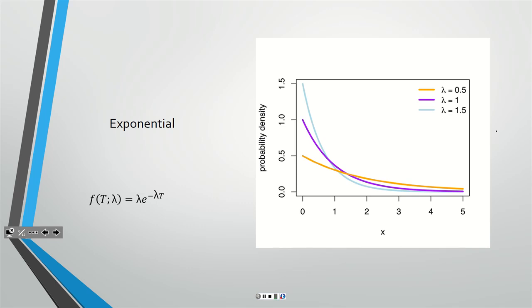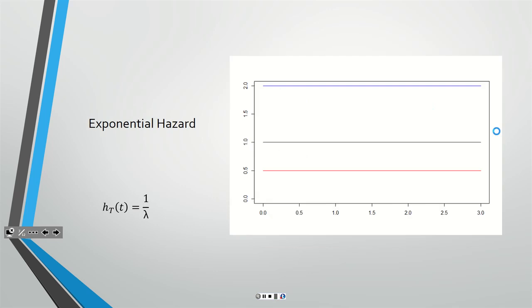The steeper it is, the more likely it's going to fail sooner. And the hazard for an exponential model, ooh, this is upside down, that's supposed to just be lambda, sorry. The hazard for an exponential model is actually just lambda. So there's a constant rate, and every single time t, the failure chance is lambda. So this is good. This is why exponential models are nice, if there's just a truly random chance for it to fail at every single time step t.